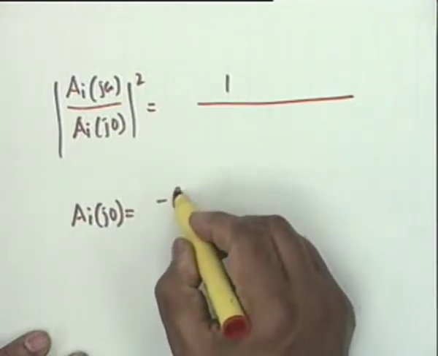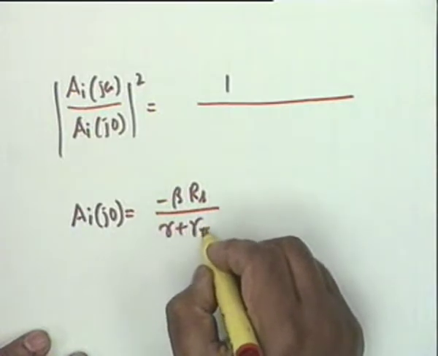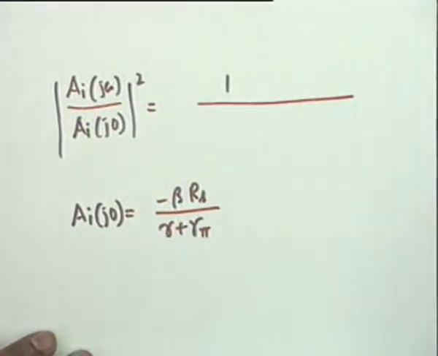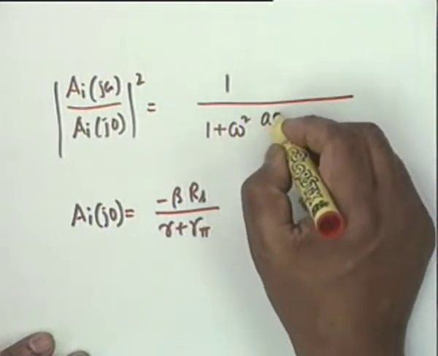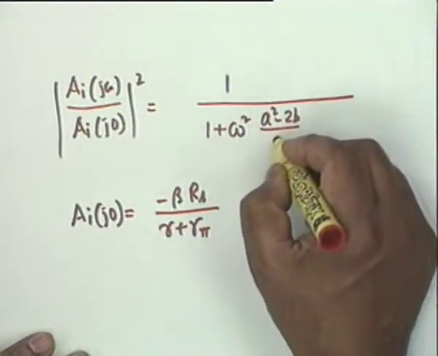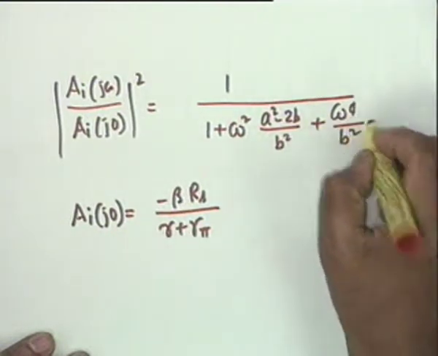That is equal to minus beta Rs divided by R plus R pi. I am omitting these algebraic steps. I can write this as 1 plus omega squared (A squared minus 2b) divided by b squared plus omega fourth divided by b squared.